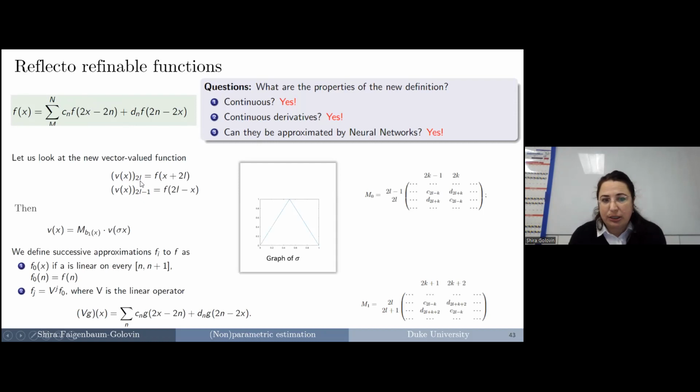In the odd locations, we will use the reflected value, the f of 2L minus x, while in the even locations, we will use the f of x plus L. So now we have this vector valued function. We will define the refinable equation now as v of x multiplied by some matrix of those Cn and Dn coefficients. I will discuss it briefly now.